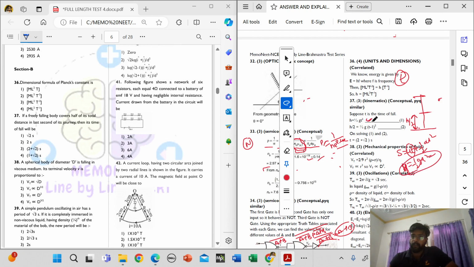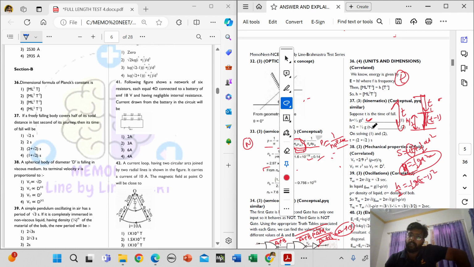This is equation number 1. Suppose the total time is t. So in the last second, we can calculate for the t minus 1 second. So h by 2 is equal to half g (t minus 1) square.